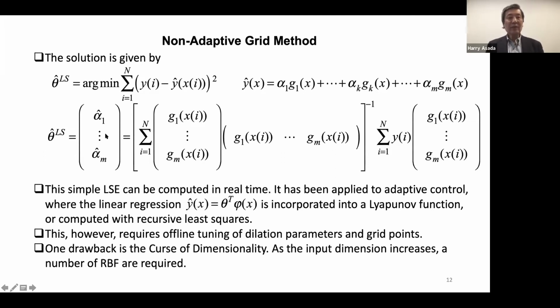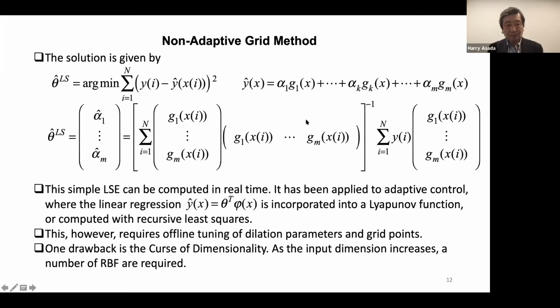Let's look inside of it. First of all, the parameters to optimize are alpha 1 to alpha m, so putting a hat over here. Now, what is the regressor? The regressor is G1 to Gm. Placing these regressors into this form, this one is phi, the regressor phi. So we need to put the product of phi and phi transpose, take the summation, and take the inverse of it.